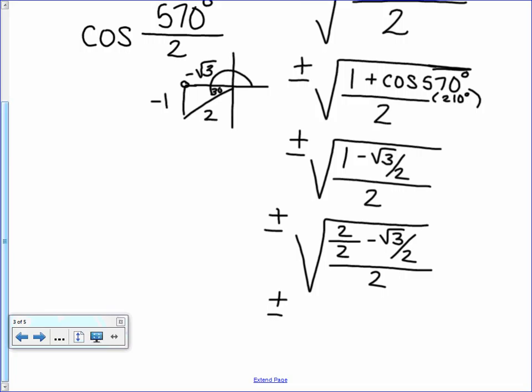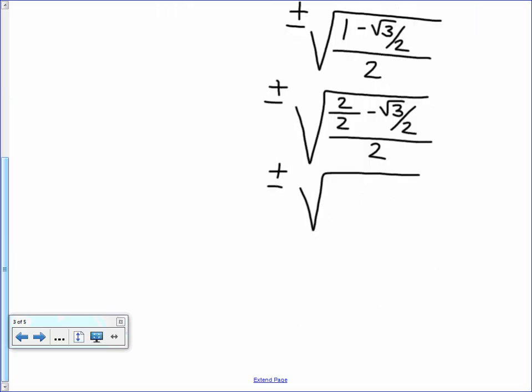Plus or minus the square root of 2 minus the square root of 3, all over 2. But some of you know that when you do it all over 2, there'd be a 4 down here, right? Some of you know that this is going to end up being a 4, but I'm going to prove to you: 2 minus the square root of 3, all over 2, make this over 1.